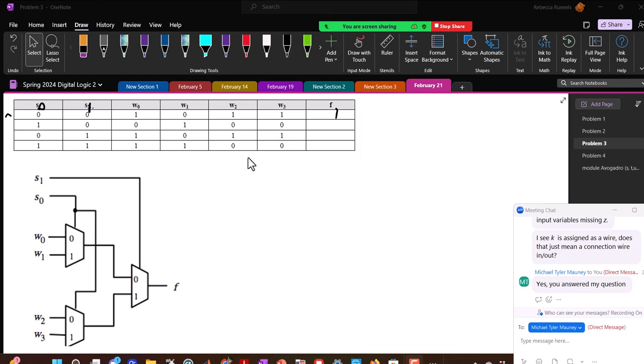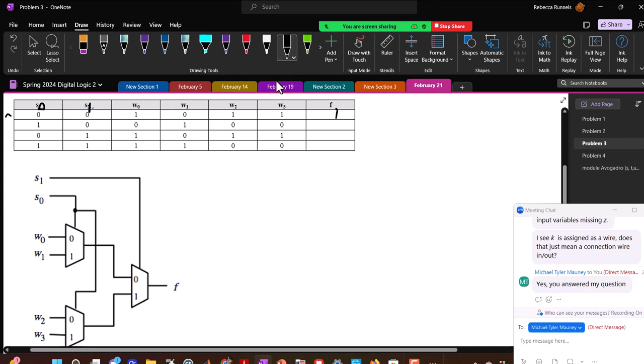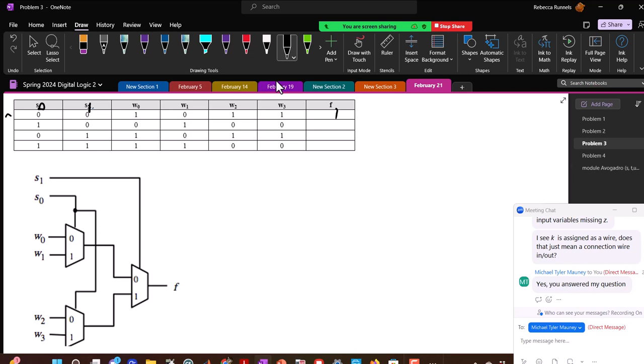Okay, so I'll do the second row, and here's what I mean by being lazy. F comes from the second multiplexer, and so it's going to equal whatever value is determined by S1. In my second row, S1 is 0, so I only care about this input right here, and I'm going to ignore the bottom one.